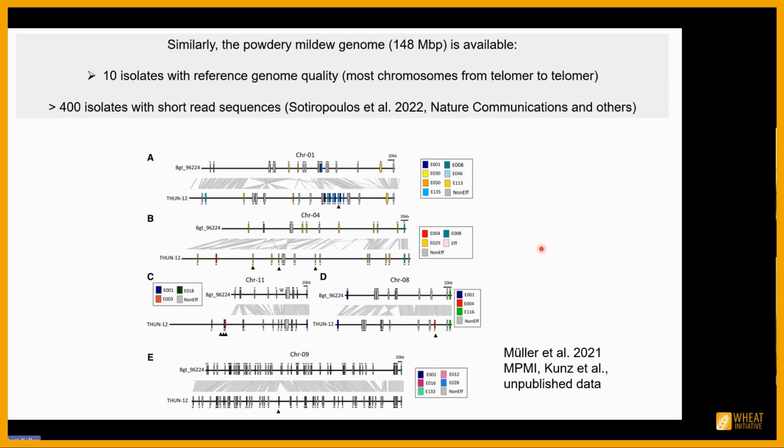We have more than 10 isolates with reference genome quality, mostly chromosomes from telomere to telomere, and more than 400 isolates with short read sequences. This is the molecular knowledge and data that we use for the work that I will present in my seminar.